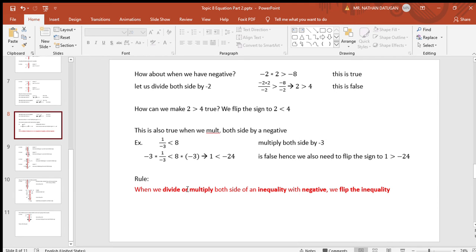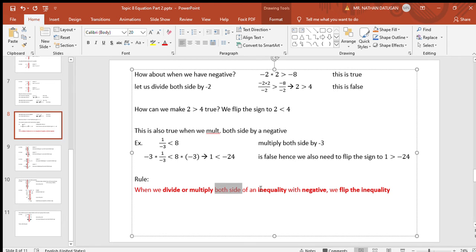So here's the tricky thing with inequalities and division and negatives. When we divide or multiply both sides of an inequality by a negative, we have to flip the inequality sign.